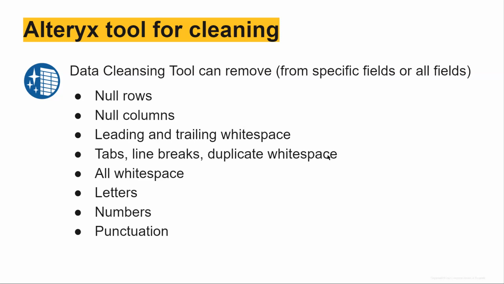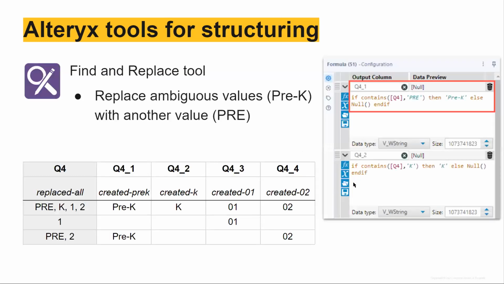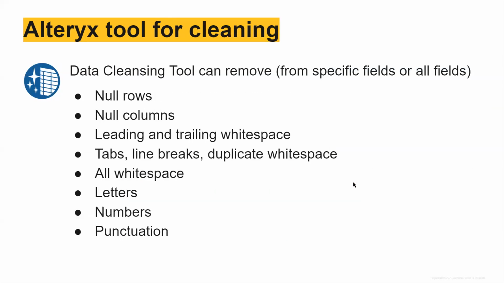For example, I got a data set the other day that had like 15 blank columns at the end. That was just the way they gave me the data. I was able to run it through Alteryx real quick and just remove those blank columns. Obviously, you want to be careful and make sure you're not removing something that should be there, but this is a real quick and easy way, especially when you're talking about things like white space or punctuation. If you just want to strip it all out, this is a quick and easy way to do that.